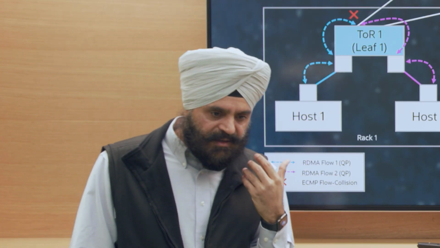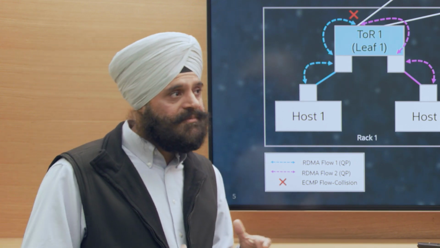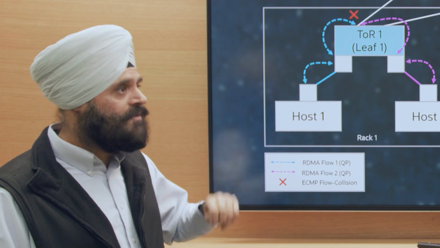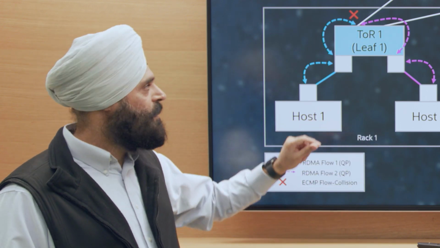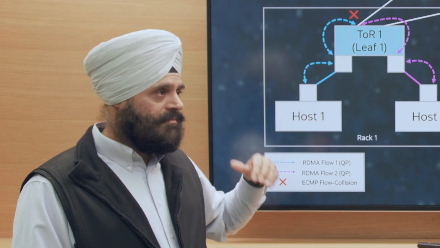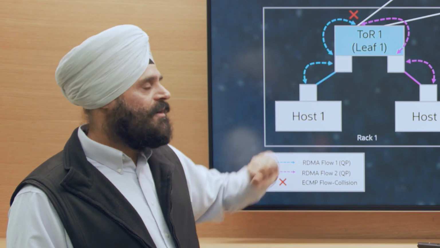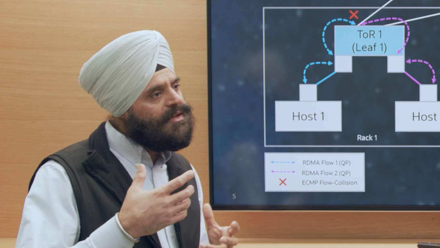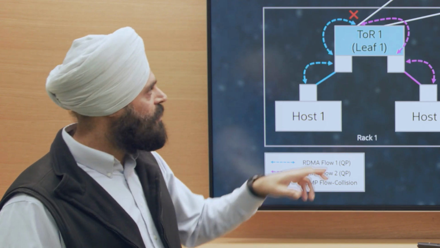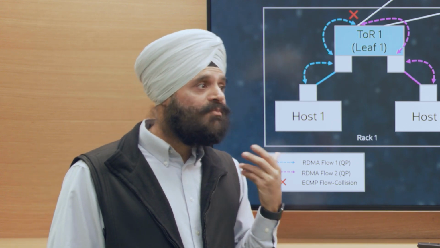So one of the innovative things we've done is we've worked with our switch and switch chip vendors for many years. This is a problem we've been working with them on for a long time. And so they have provided us the ability to influence the traffic distribution mechanism in the switch, where it is load-aware traffic distribution, where if this situation happens, the switch detects the fact that it has made a mistake.